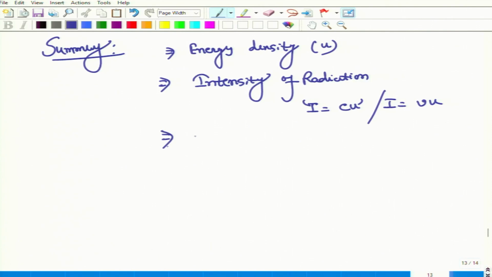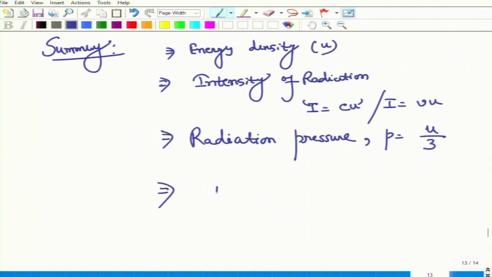And then we discussed the radiation pressure, which is P equals U by 3 actually. And then we did some numerical exercises, among which this is a very important formula: E RMS is equal to E naught by root 2. So this is the summary of this class. We have also done some numerical exercises.